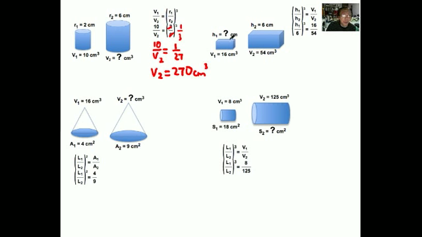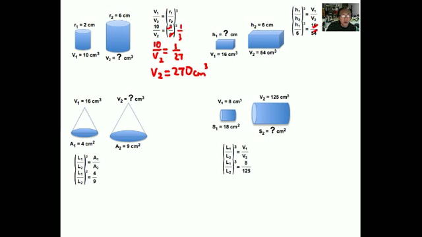In the second example, we do not know the height. Once again, the ratio of volumes is the ratio of the heights cubed. We substitute in the values and reduce this to the lowest terms.